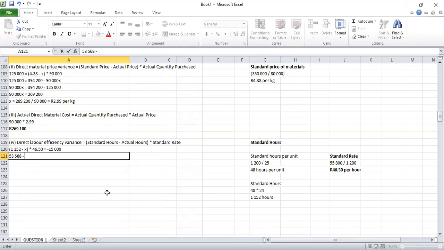Minus 46.50x is equal to negative 15,000.